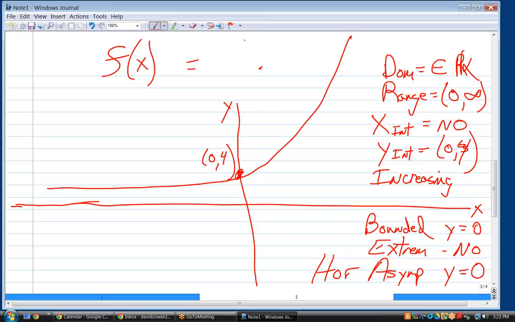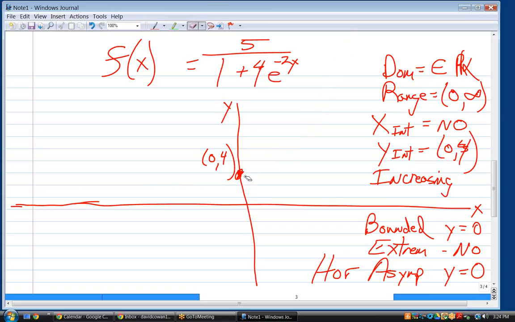Okay. So the function is 5 over... Now this is a logistic function. All right. What is the domain of x? Well, hold on. They want us to graph it, first of all.